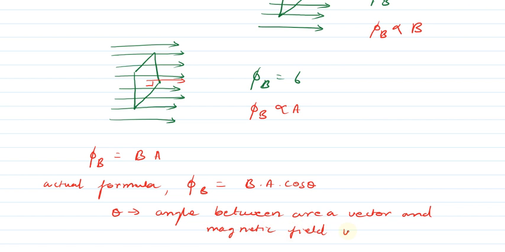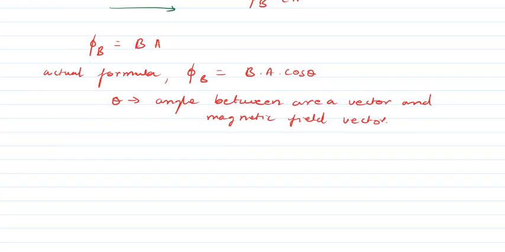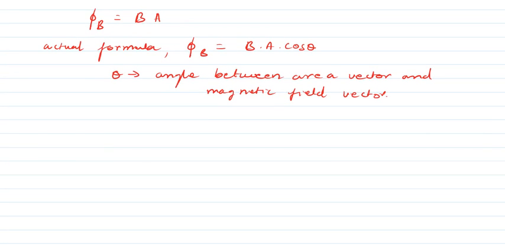To understand this, let us consider again a surface where the area vector is perpendicular to the surface, and let's say the magnetic field is passing through the surface like this.